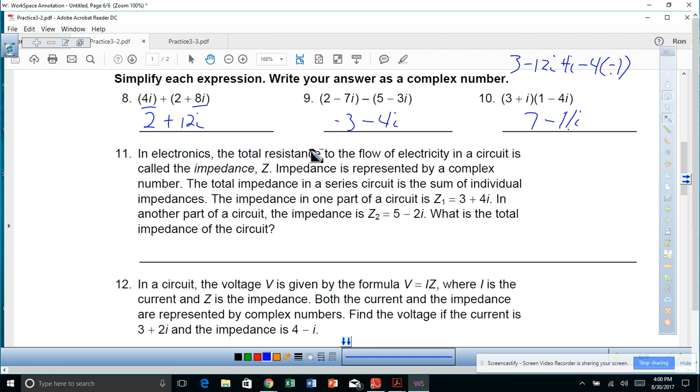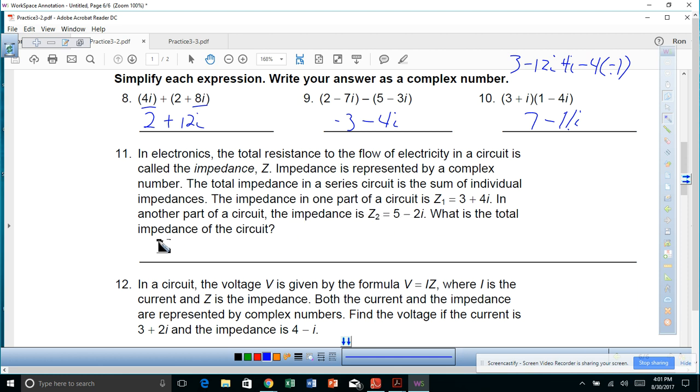In electronics, the total resistance to the flow of electricity in a circuit is called the impedance, Z. Impedance is represented by a complex number. The total impedance in a series circuit is the sum of the individual impedances. The impedance in one part of a circuit is Z sub 1 equals 3 plus 4i. In another part of the circuit, the impedance is Z sub 2 equals 5 minus 2i.